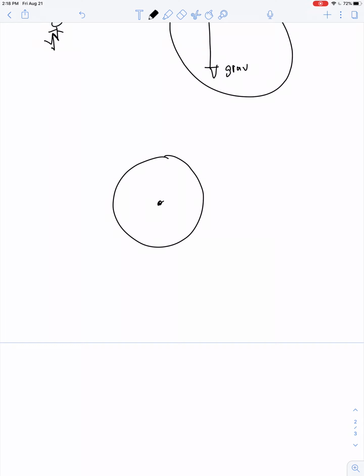The radius of the Earth is about 4,000 miles. That's the same thing as 6,400 kilometers. The Earth's atmosphere only extends another 200 miles. So I think even here I've exaggerated the height of the atmosphere.